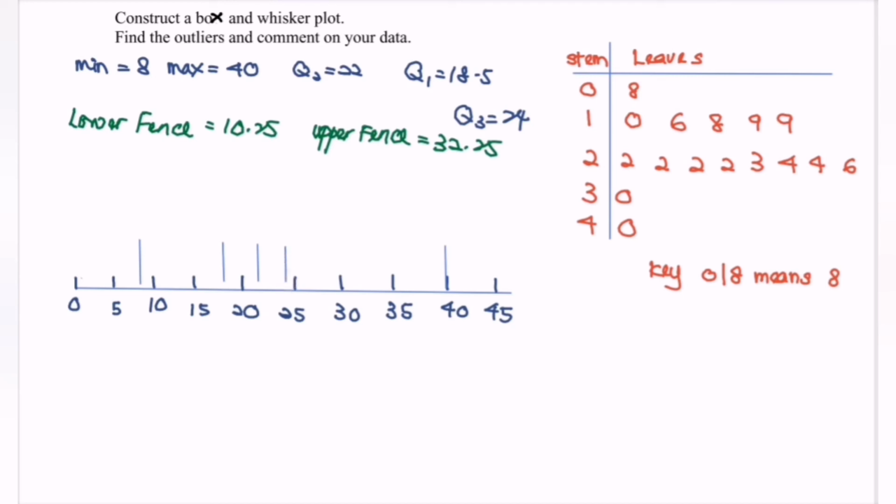Then we have the lower fence, which is 10.25. Next, we have the upper fence, which is 32.25. So label the situation: we have the minimum, followed by the lower fence, and Q1, Q2, Q3, upper fence, and maximum.